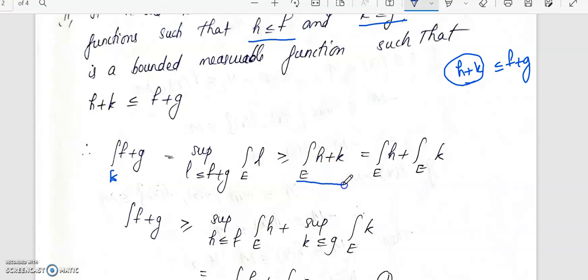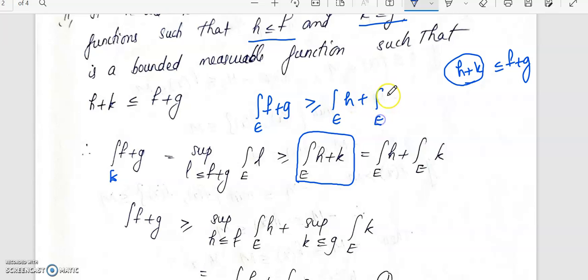Now this integral is the integral of the function h plus k, and h plus k is a bounded measurable function. So using the property of the integral of bounded measurable functions, the integral over E of h plus k will be integral E h plus integral E k. So we will get integral over E f plus g greater than or equal to integral over E h plus integral over E k.